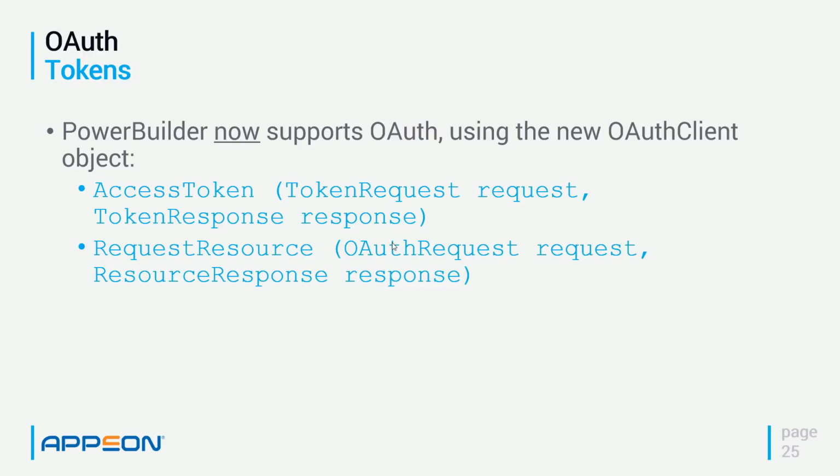Once you've got the token, you only need to do that once, and then you just keep doing these request resource calls. You can do that up through the lifetime of the token. It depends on which web service you're calling how long the token's good for. In the demo I do of this, I use Twitter, and Twitter actually doesn't expire the tokens. Once you've got a token, you can keep using it forever.